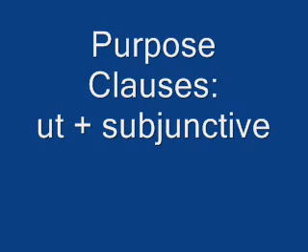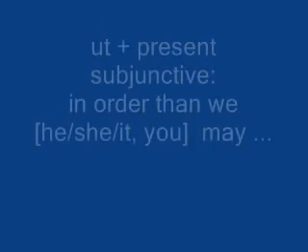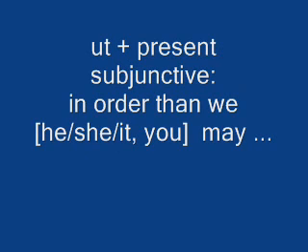Well, with these purpose clauses that we're learning now, first we'll discuss how to translate them when it's ut plus present subjunctive. Ut plus present subjunctive. And those are 34.4. Here, I'll give you the formulaic translation: in order that we may, or in order that he, she, it may, whatever the personal ending is.